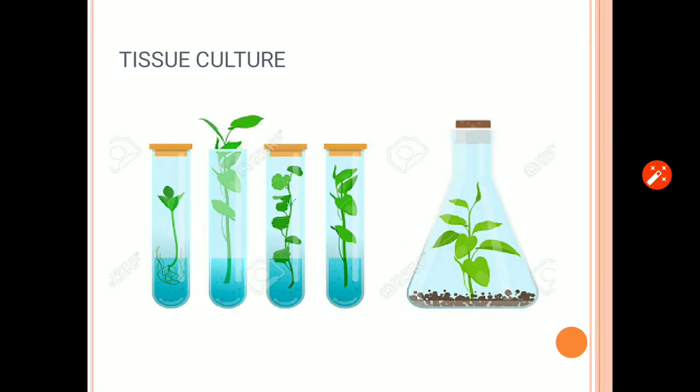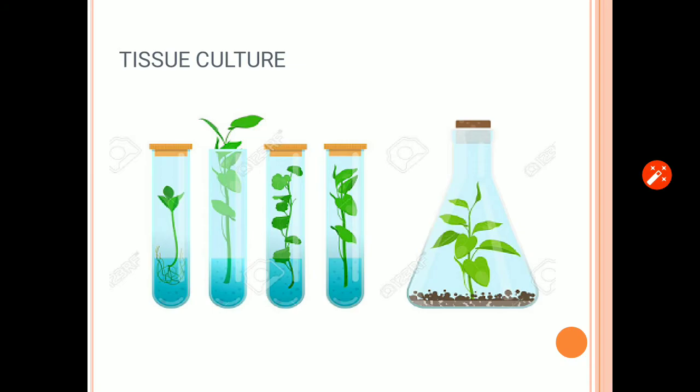Now about tissue culture, which is a part of vegetative propagation. In tissue culture, which is also termed micropropagation, any cell or tissue of the plant is able to form millions of plants with features similar to the parental plant.